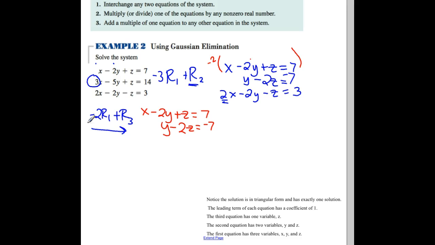Negative 2 times 2y would be 4y. Added to the 2y at the bottom gives me 2y. Negative 2 times the z, it's negative 2z. Added with the bottom negative z gives me negative 3z. And negative 2 times 7 gives me negative 14. Added with 3 is negative 11.